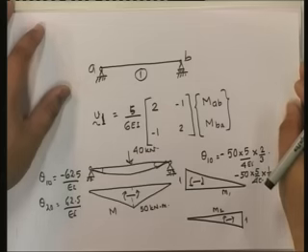If you look at it, that works out to PL squared upon 48 EI, but it doesn't matter. We've computed this.